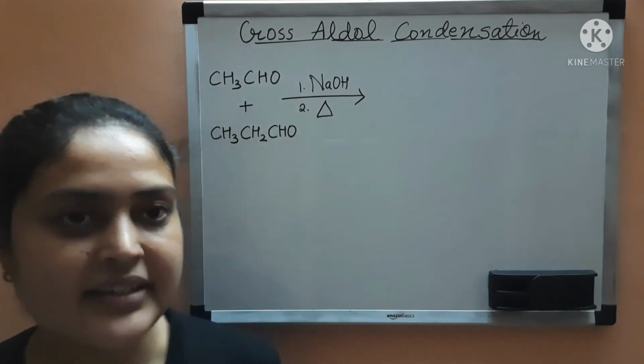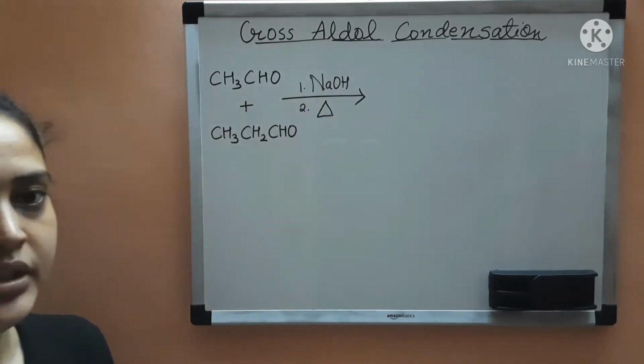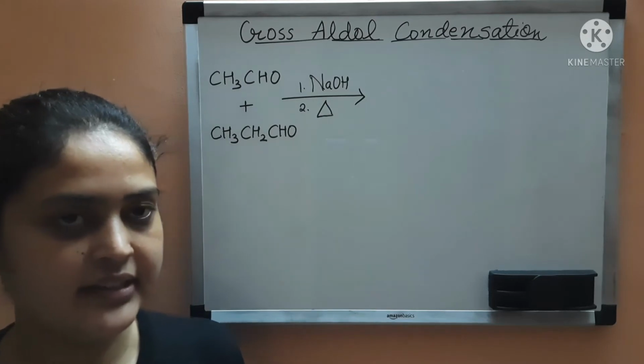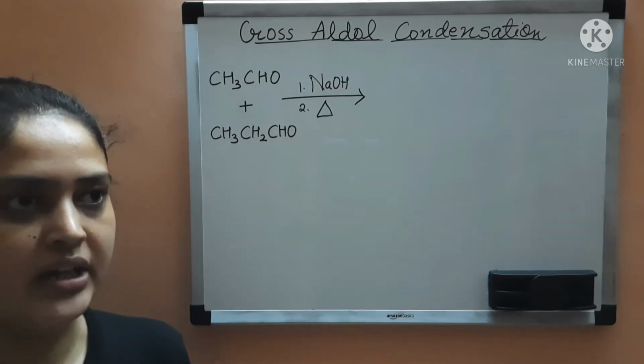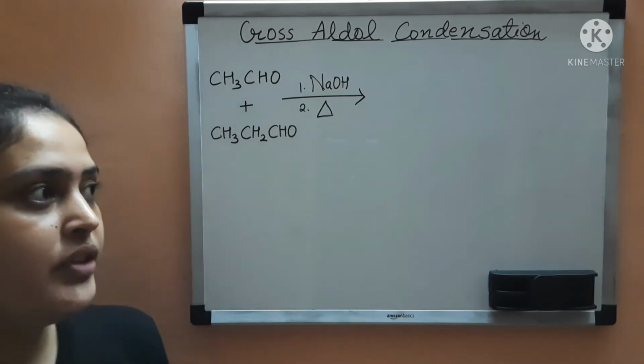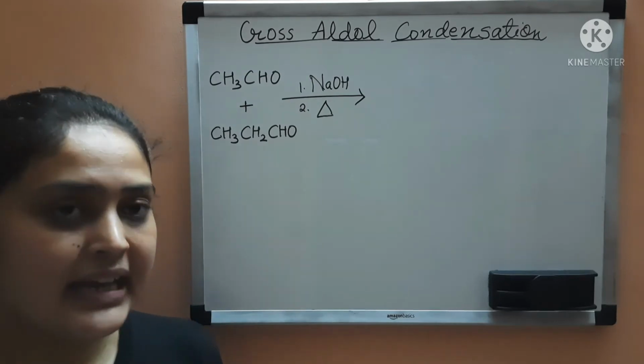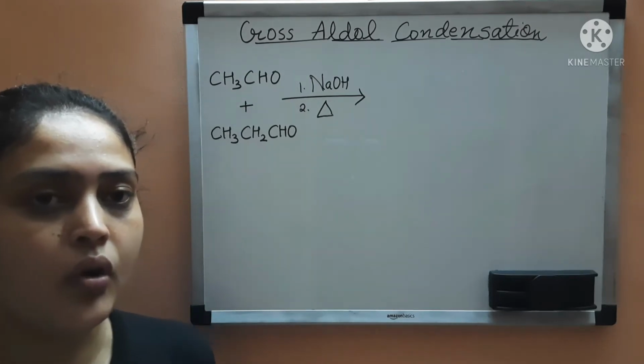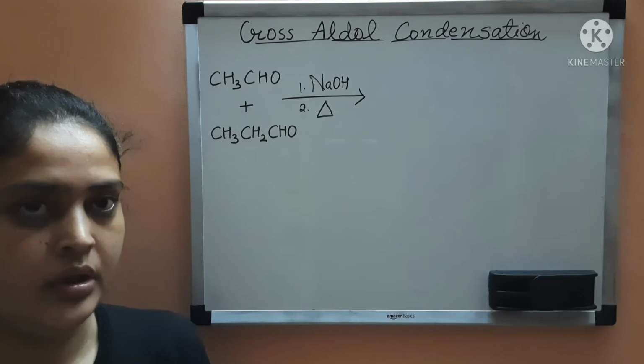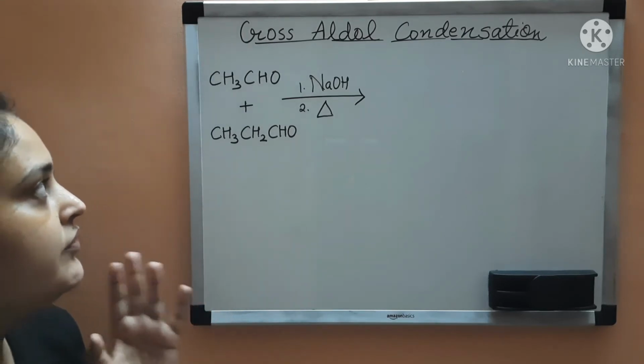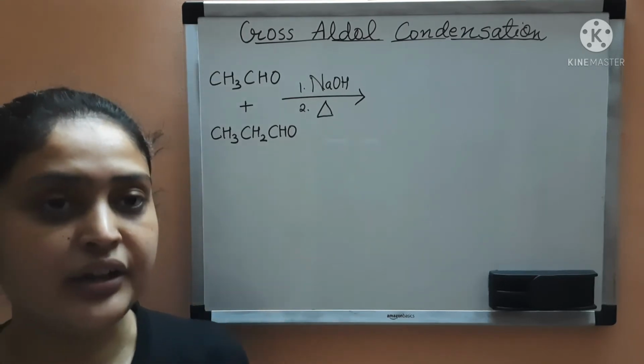So today's topic is cross-aldol condensation. In the previous lecture, we studied the aldol condensation reaction, in which we use two of the same aldehyde molecules or the same ketone molecules, and in which there will be alpha hydrogen atoms.